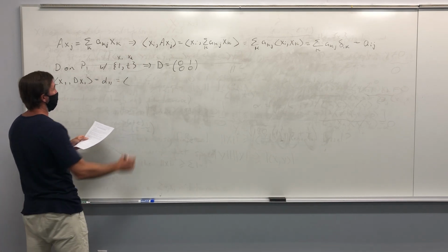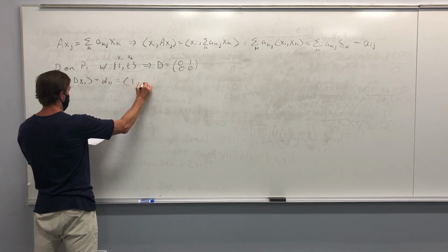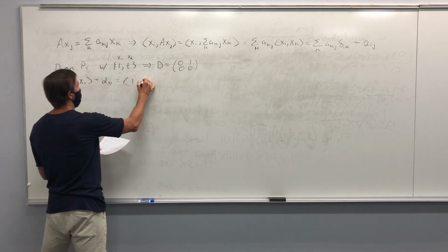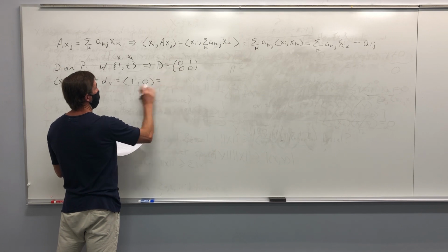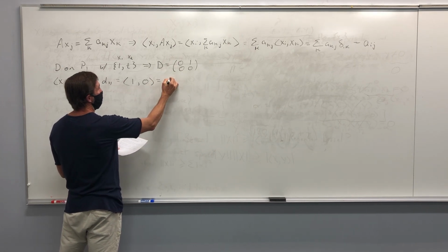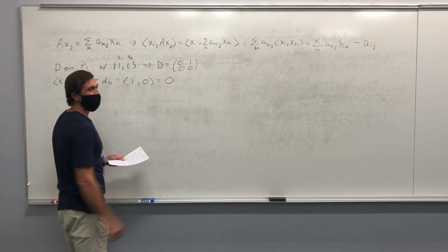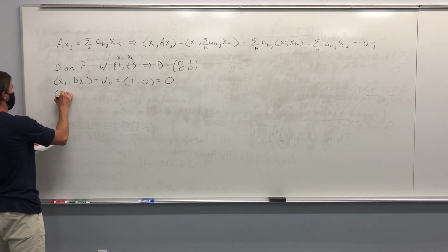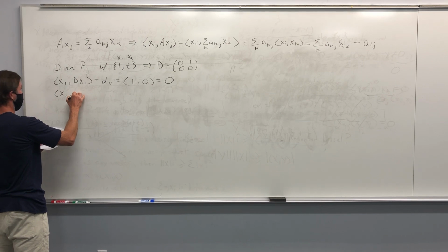So x1 is 1, and dx1 is 0. The inner product of 1 and 0 is? Hey, it matches. I know this doesn't really give you anything, it's just a way to check if you have an orthonormal basis.